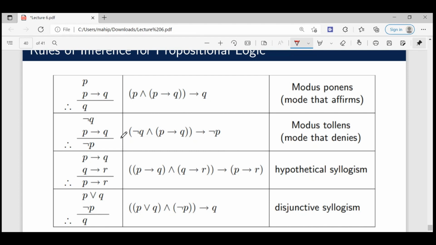In the second case, we are concluding negation P. So negation Q is given, P implies Q is given, and we know that P implies Q is equivalent to negation Q implies negation P. Therefore, we will conclude negation P. This is called modus tollens. You need to remember these names also, because whenever you are doing simplifications, in the bracket you must mention which rule you have just applied. Okay, fine. So this is modus tollens, and the relevant example is which one?